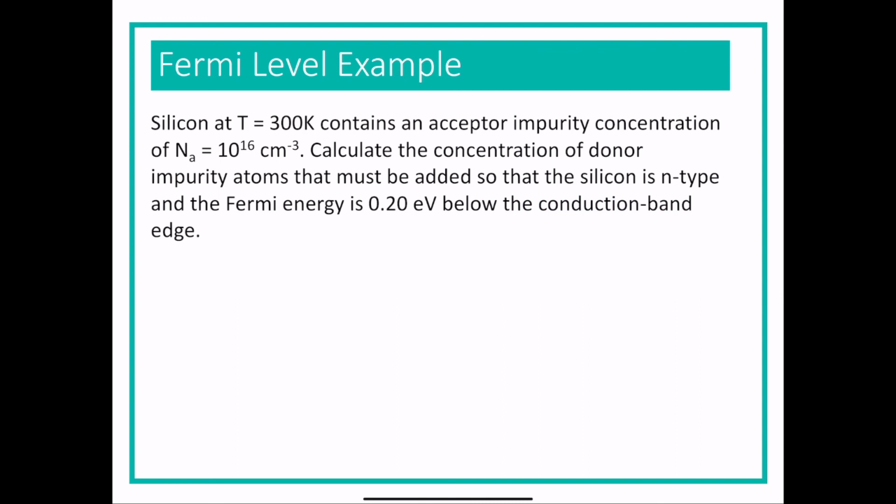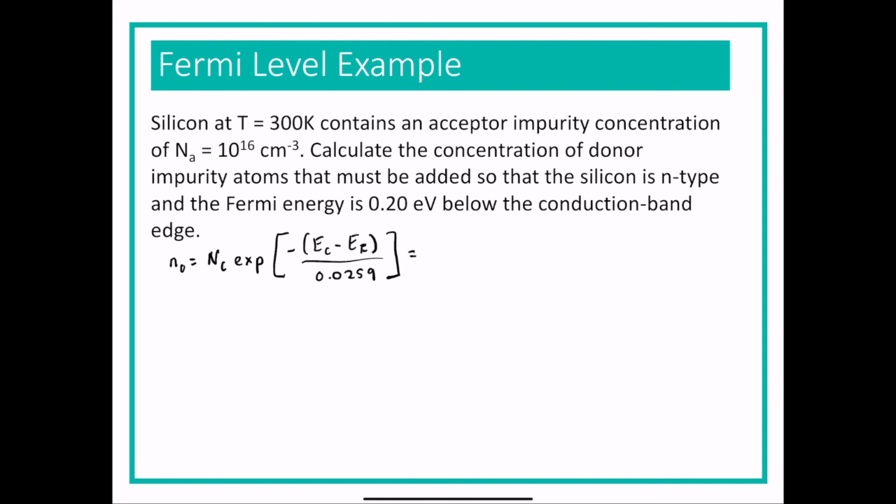So, first of all, we know that the number of electrons we need is going to be using this equation, which we've used before, that uses the difference between the conduction and the Fermi energy over KT, and since we're at 300K, I'm just going to use the electron volt value.